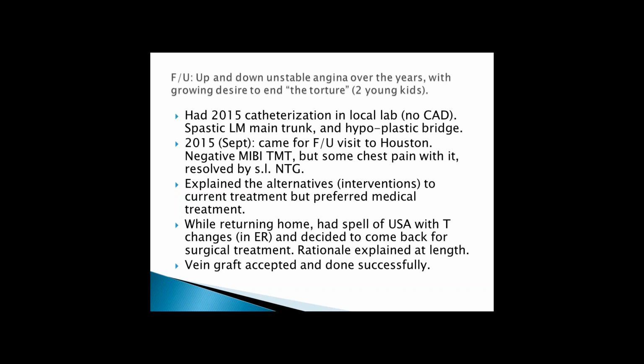At that point, initially, he decided to reconsider the options after hearing the surgeon explain what would be possible. Basically, the surgeon suggested doing a vein graft to the proximal territory in the largest segment, which was the distal circumflex or proximal LAD, past the insertion of the left main into the left anterior descending.